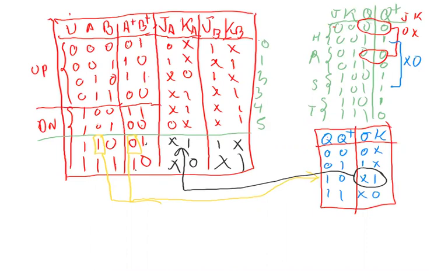So that begs the question, what do we do now? And the answer is, if you want a minimal form for the inputs on J, K, JB, and KB, you can either do it by routine inspection, maybe, or probably going to have to write a K-map.